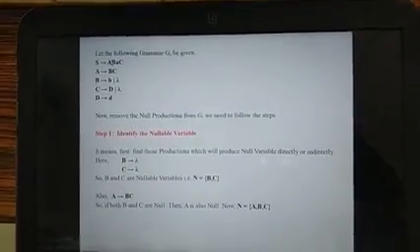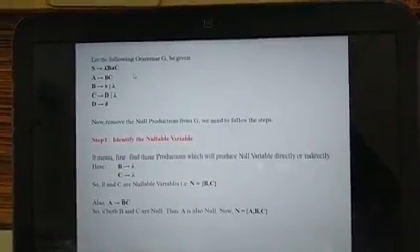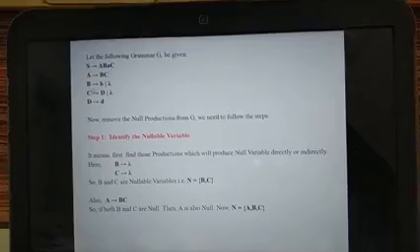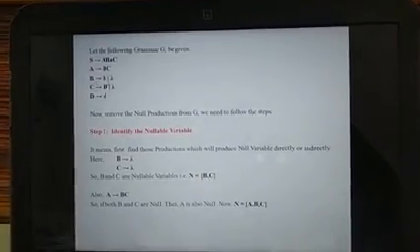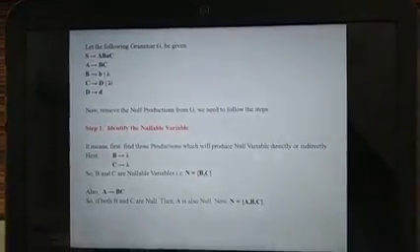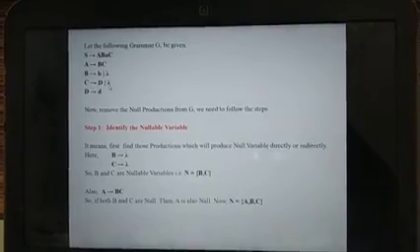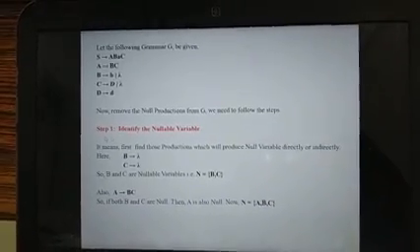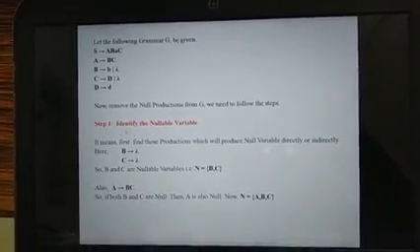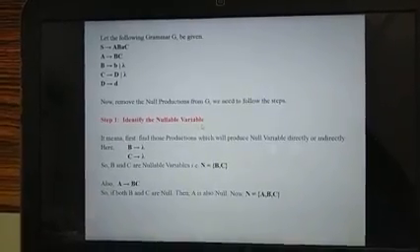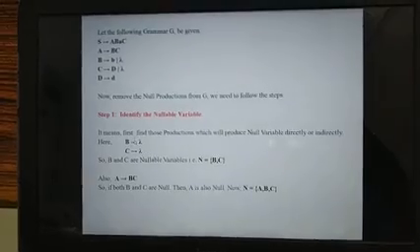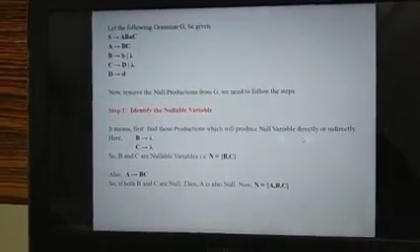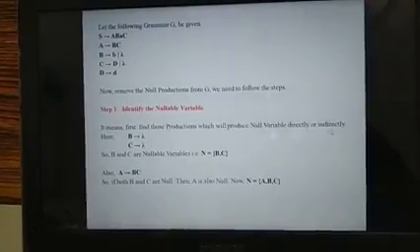Let the following grammar G be given to us. In the grammar there are many productions, and from B and C we see there are null productions: B produces lambda and C produces lambda. We need to go step by step. Step 1 is to identify the nullable variables. It means first find those productions which produce a nullable variable directly or indirectly.